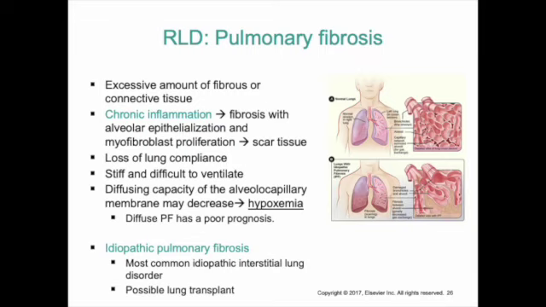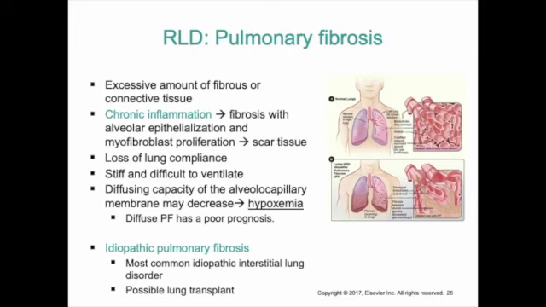These fibrotic scar tissues will make the lung become stiff, and it's going to be harder for ventilation to occur. You also are going to have a decrease in the diffusing capacity of the alveolar membrane, and this overall leads to a state of hypoxemia. When you have diffuse pulmonary fibrosis, there is a poor prognosis.